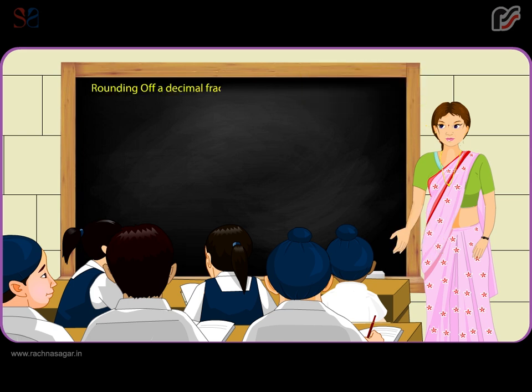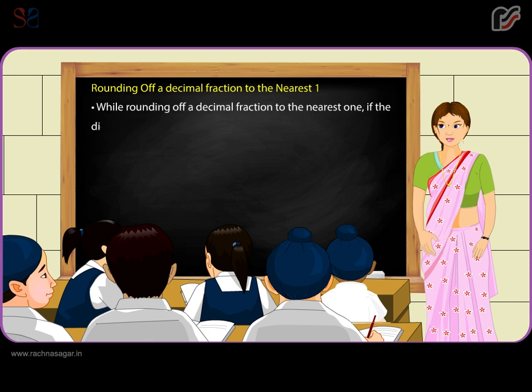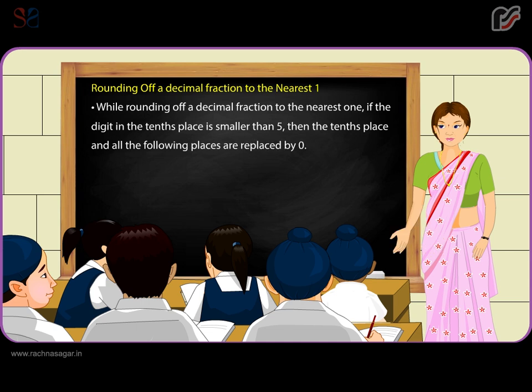Rounding off a decimal fraction to the nearest one. While rounding off a decimal fraction to the nearest one, if the digit in the tenths place is smaller than 5, then the tenths place and all the following places are replaced by 0. For example, 49.37 rounds off to 49.00 since 3 is smaller than 5.